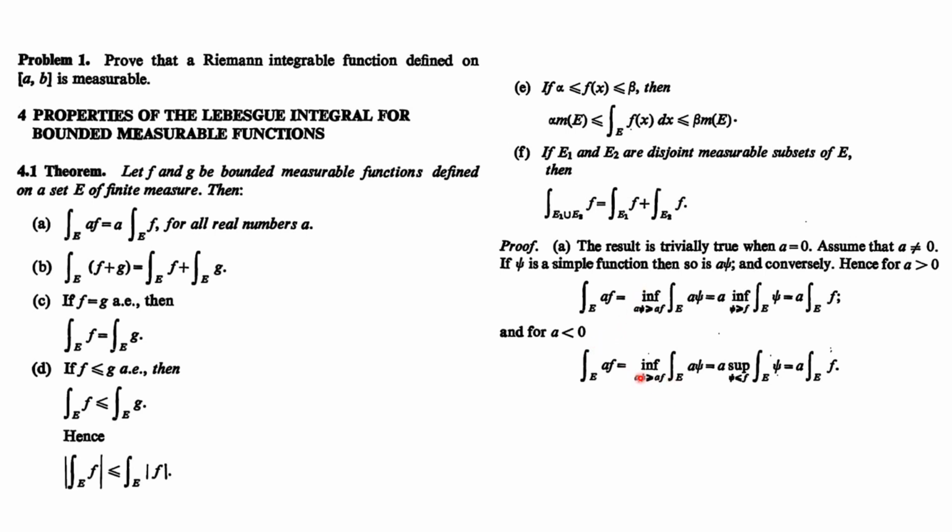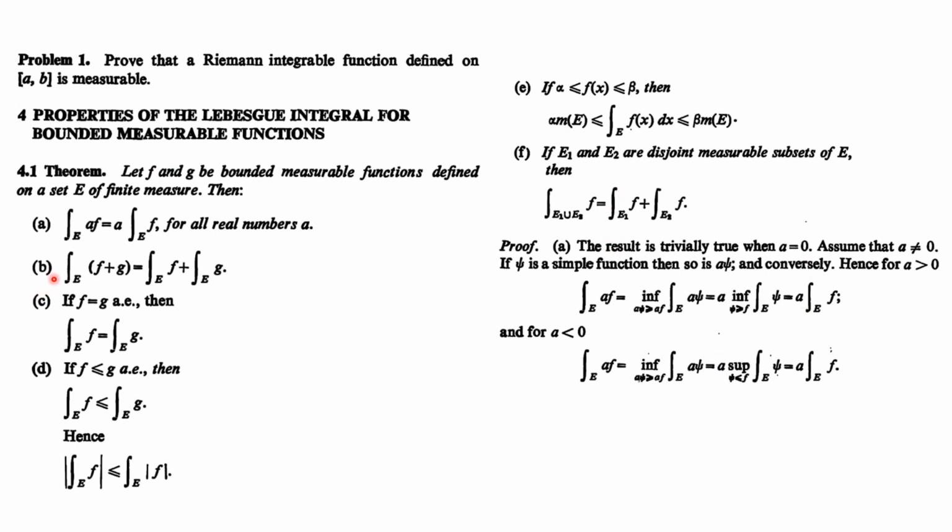Now when you cancel a from here, since a is negative, our inequality will change and the infimum will be replaced by the supremum. The rest is the same. You can take a outside from the elementary integral. This psi is nothing but a constant function. You can take a outside. So this is nothing but the integral of f over E. So this is the proof of part A.